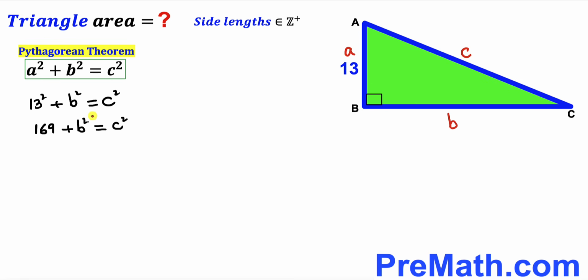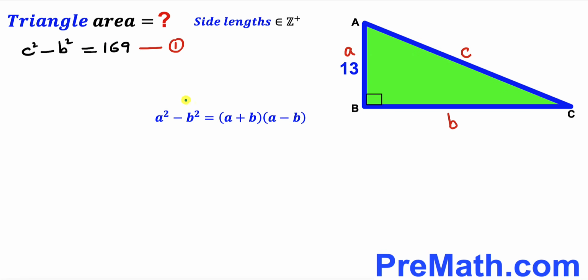Now I'm going to move this b square to the other side. So we could write c square minus b square equals 169. And I'm going to label this as our equation number 1.